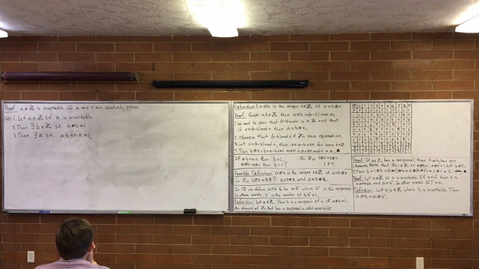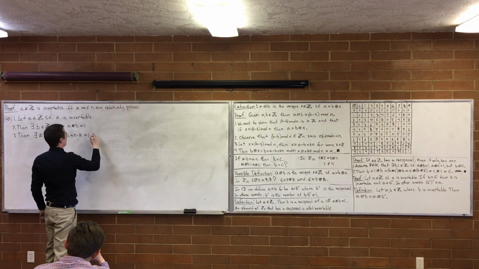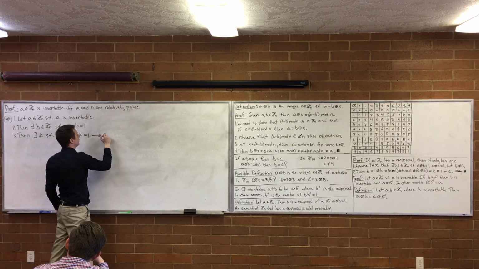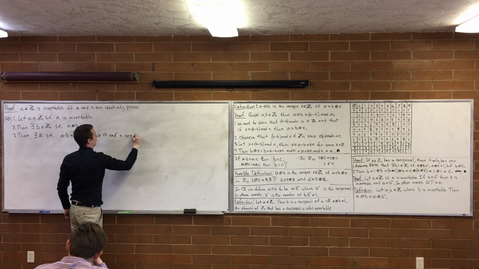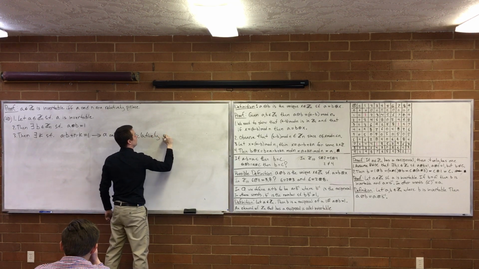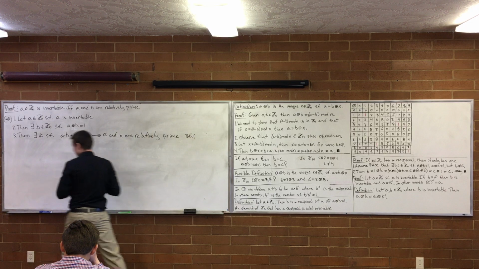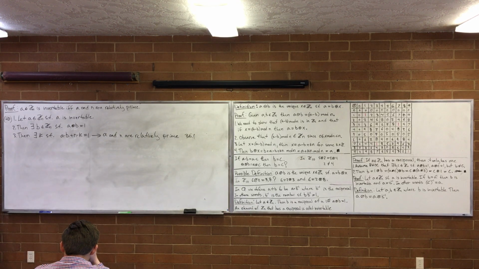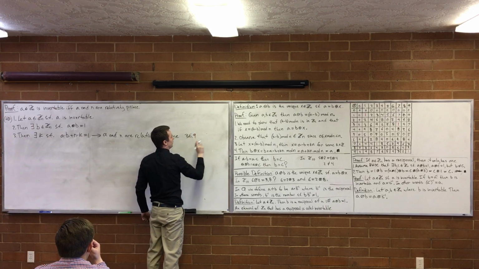Corollary 36.9. So this is by that corollary, which implies A and n are relatively prime.